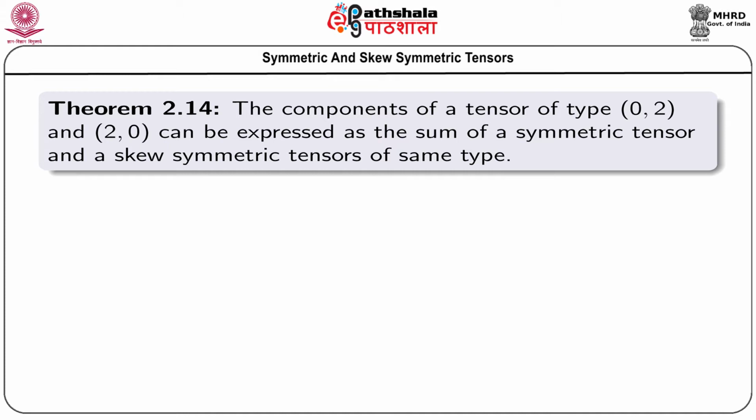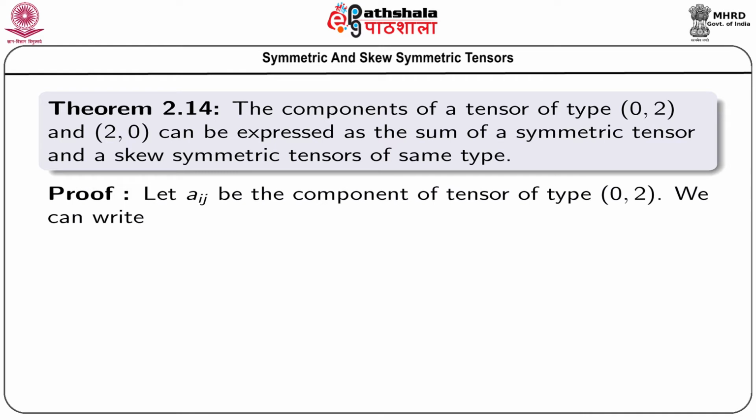Now, there is a theorem that the components of a tensor of type 0,2 and 2,0 can be expressed as the sum of a symmetric tensor and a skew symmetric tensor of the same type. For proof, we give the outline. It is a very easy proof, and we have done it for matrices also. Let Aij be the component of a tensor of type 0,2.